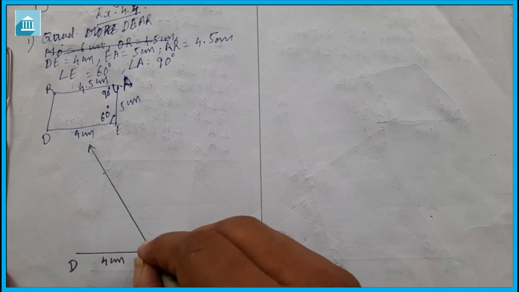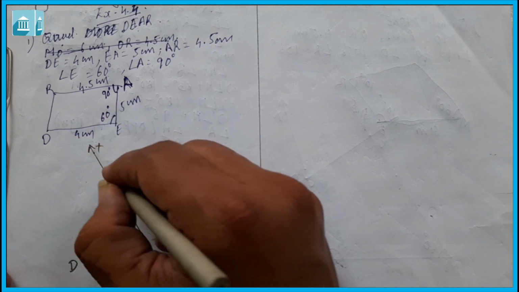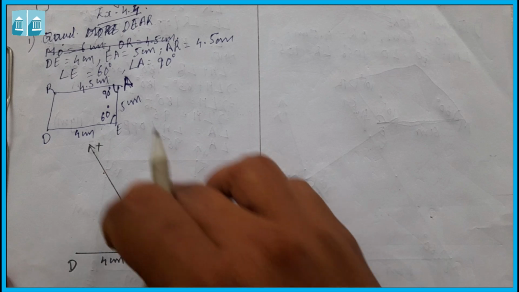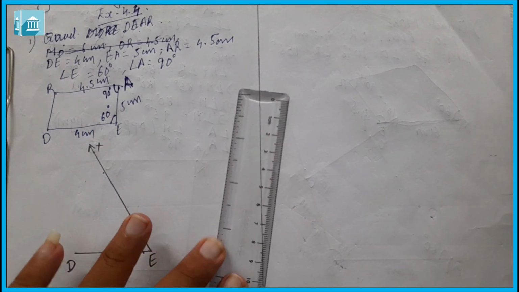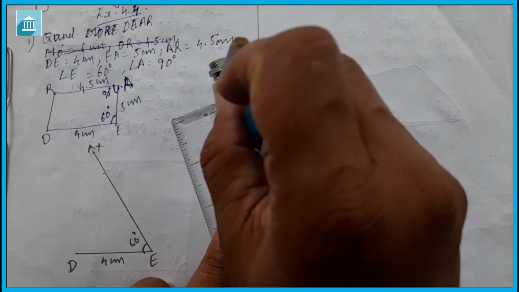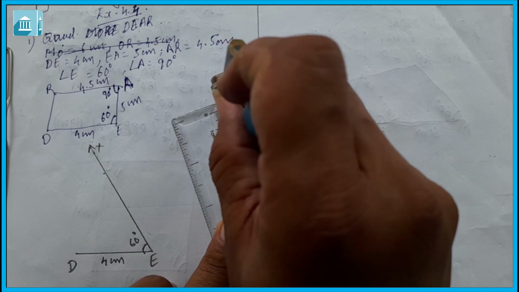Let it be angle DEX. Angle DEX is equal to 60 degree. Now again given EA is 5 centimeter. So with center E and radius 5 centimeter, we need to draw one arc.